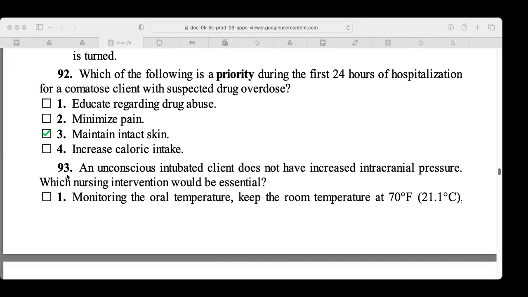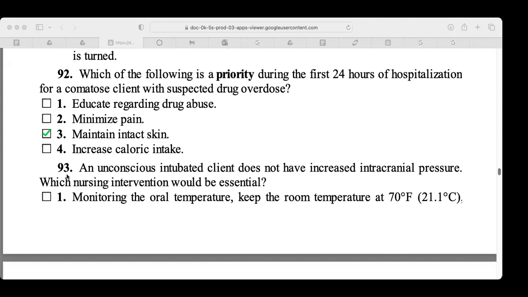You can't educate a comatose client. For you to educate someone, they have to be awake and not in pain and not anxious. For minimizing pain, nothing in what he's got going on indicates possible pain. And increased caloric intake is not for the first 24 hours.